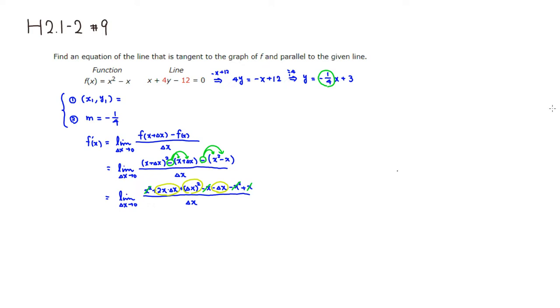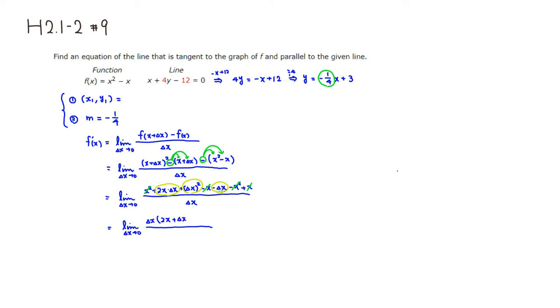All 3 terms have delta x in them, so I'm going to factor out delta x. Limit as delta x approaches 0. Since delta x is in common, if you pull out delta x, you're going to get the 2x left over from there. From the second term, you put delta x out, so you're going to have another delta x.